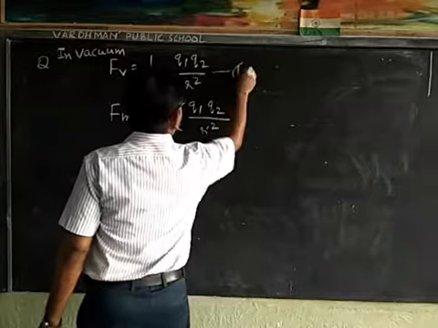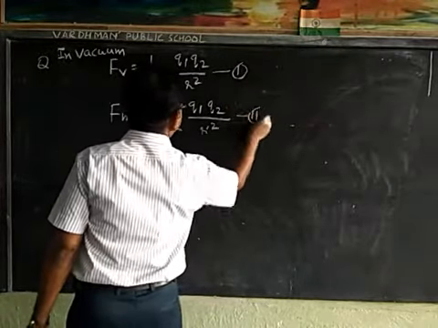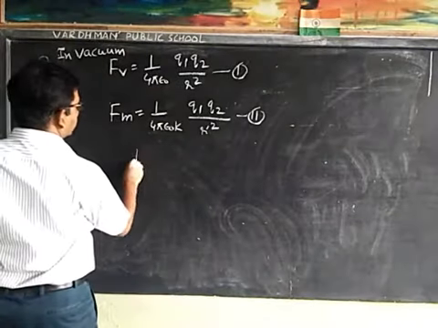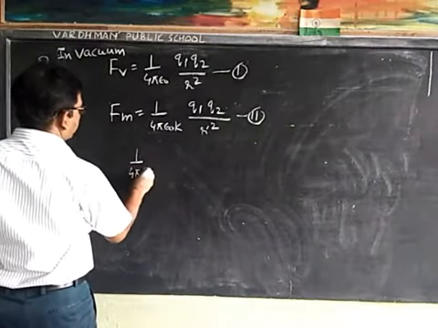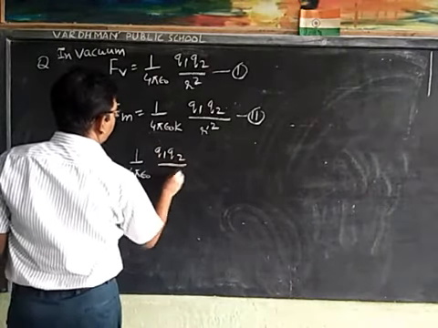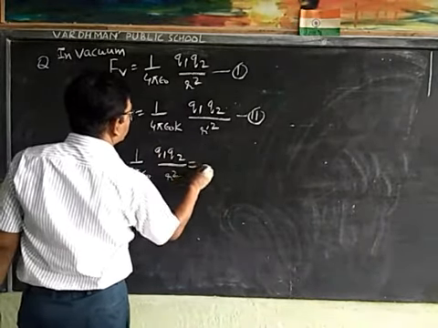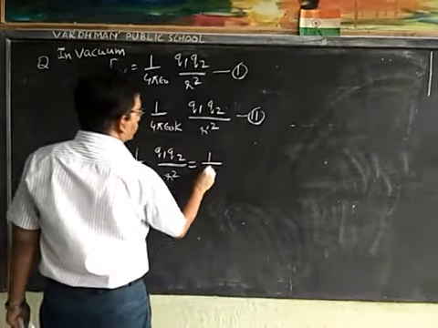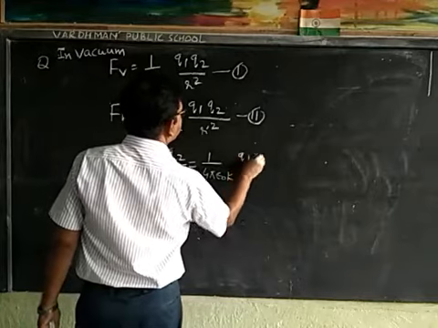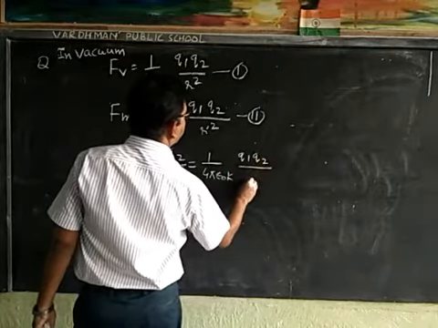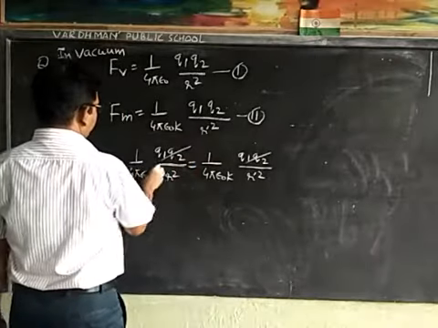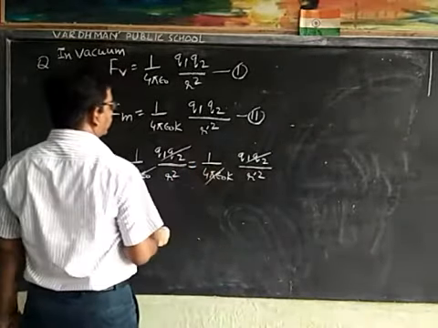Suppose this is my equation first, this is my equation second. Now equating equation first and second, we get 1 upon 4 pi epsilon naught Q1 Q2 upon R square is equal to 1 upon 4 pi epsilon naught K Q1 Q2 upon R dash square. Q1 Q2 cancel, 4 pi epsilon naught cancel.